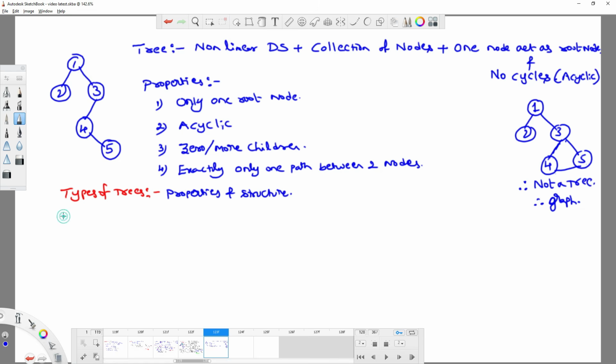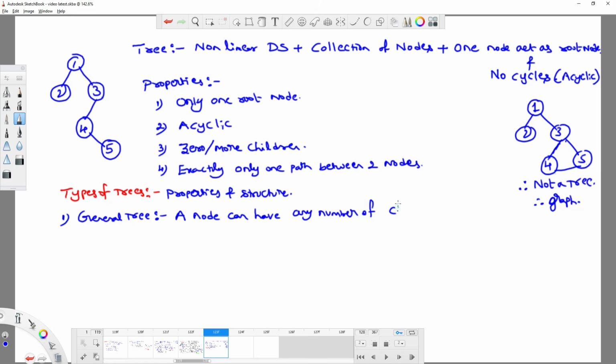Among those, one type of tree is a general tree. General tree means generally any kind of tree comes under a normal tree. Any representation comes under a normal tree. If I wish to represent more technically, a node can have any number of children.